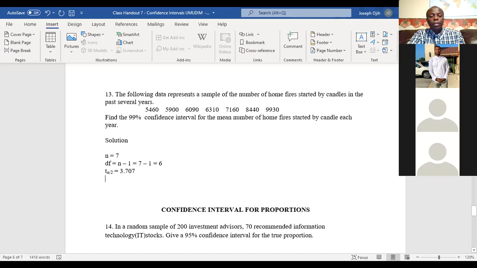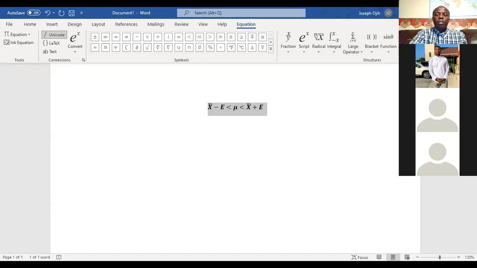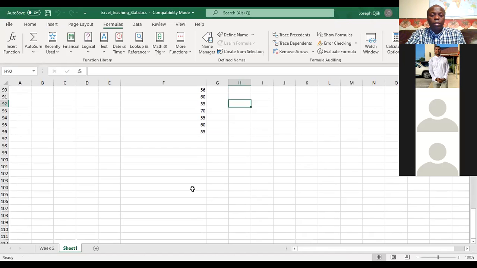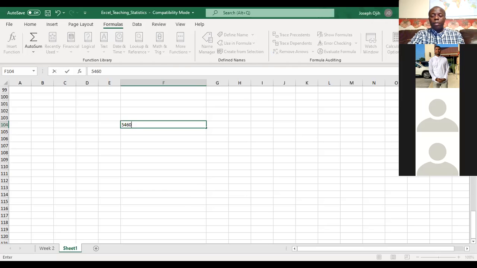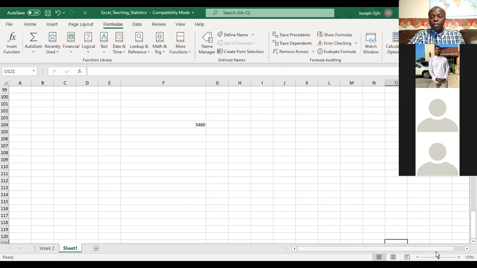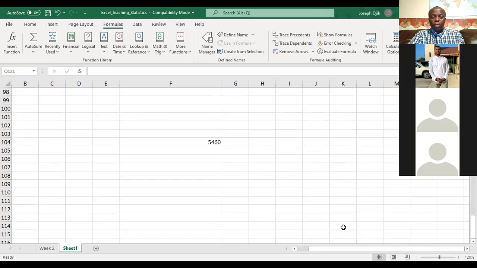For the sample mean, sample mean X bar, we have to figure it out from Excel. So I'm going to go to Excel and type these numbers in so we can find the mean and standard deviation. The first one we have is 5460.